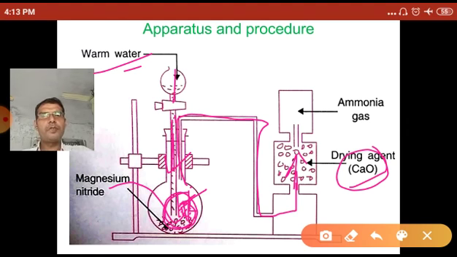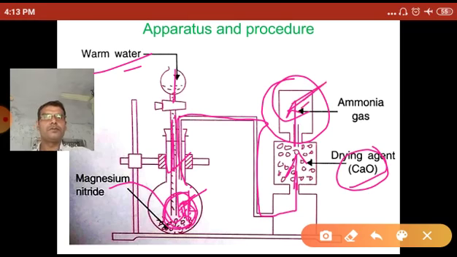That quicklime absorbs the moisture present in the ammonia gas, and the ammonia gas is collected in the inverted gas jar by the downward displacement of air. So ammonia gas is collected in this jar. Through this process we can prepare ammonia from the metal nitride by arranging this apparatus as given in the figure.